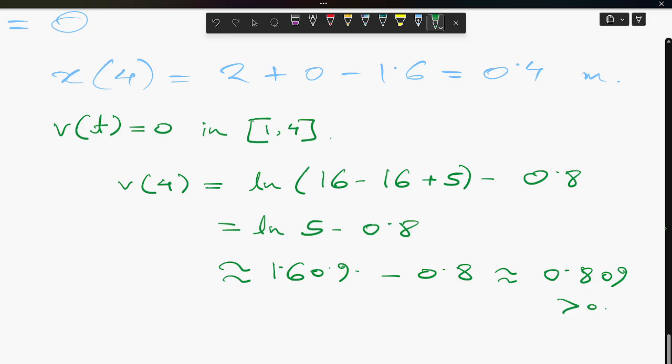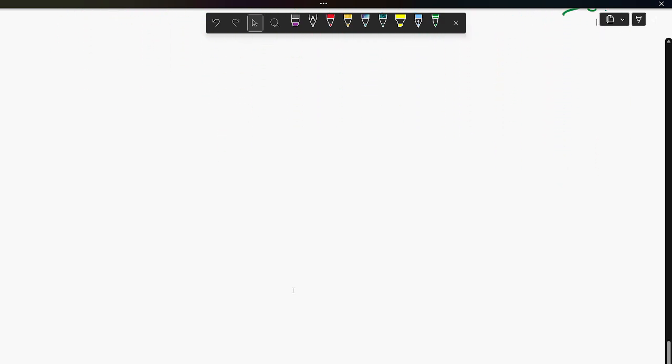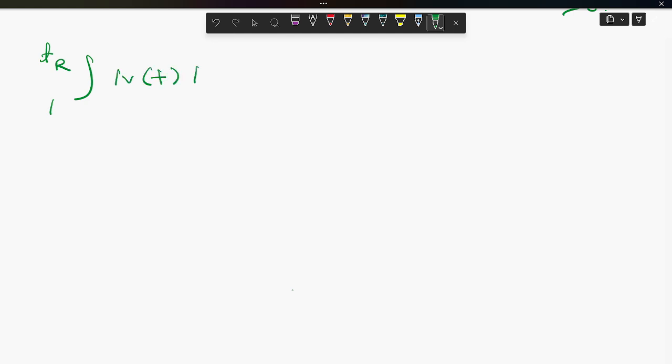So now we are going to compute the distance. So let us see what we would get. So 1 to t r, we would get mod of v of t, plus t r to 4, mod of v of t.